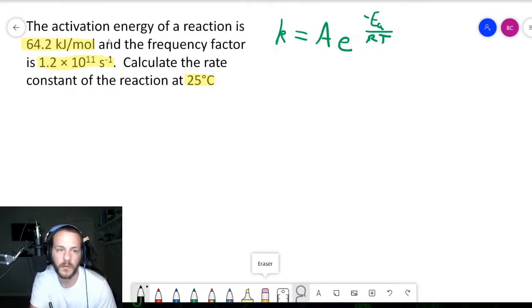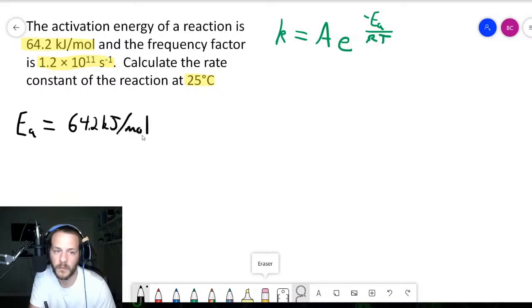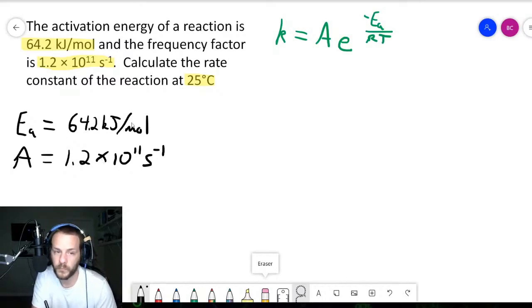So it says the activation energy, that's E sub A, that's our 64.2 kilojoules per mole. And it says that our frequency factor, that would be our capital A, right? That is 1.2 times 10 to the 11th inverse seconds.